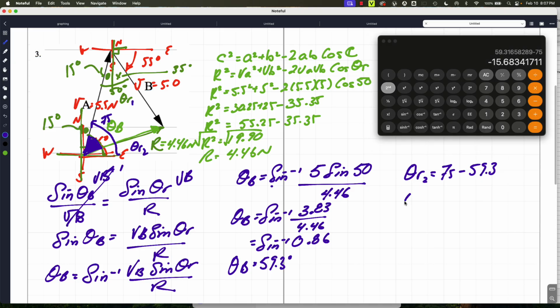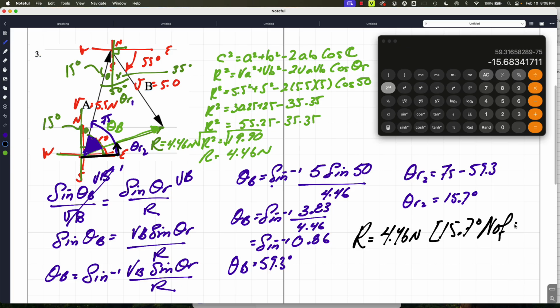Theta R2 is roughly 15.7 degrees. Our final answer is R is equal to 4.46 newtons, 15.7 degrees, and it's touching east, moving north. North of east.